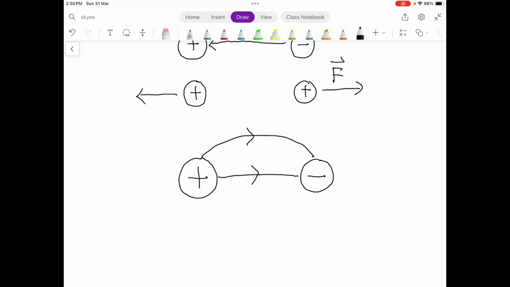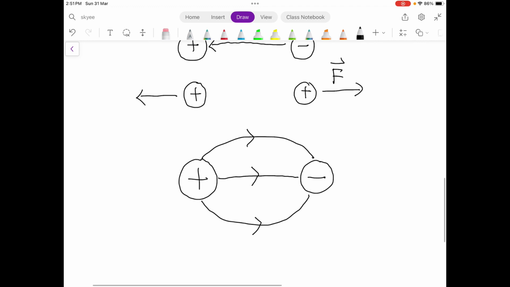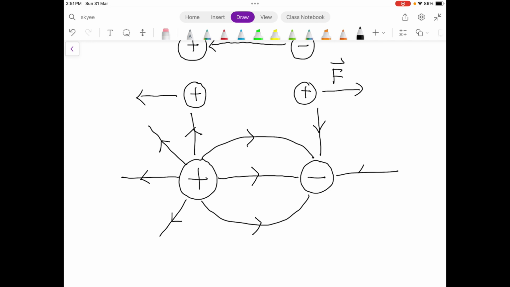And if you place it close to a negative charge, it will terminate at the negative charge. For the other directions, it will be going out like that. While for the negative charge, the direction will be inward. So this is what you have learned in the first week and also the second week.